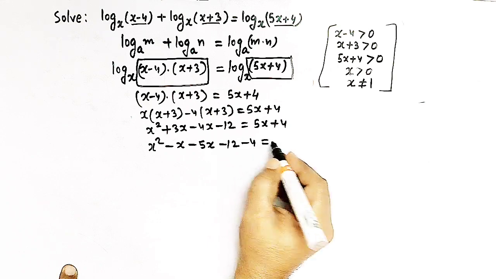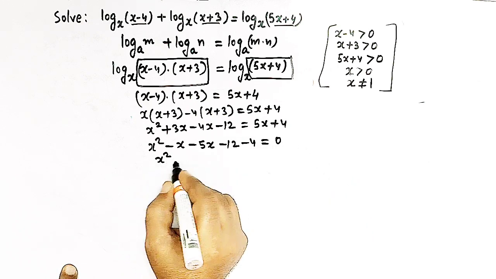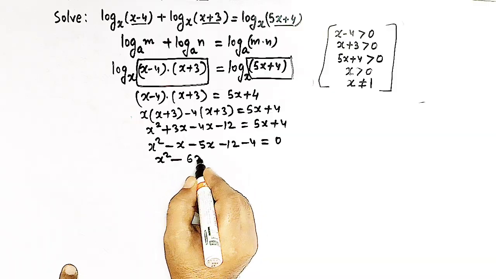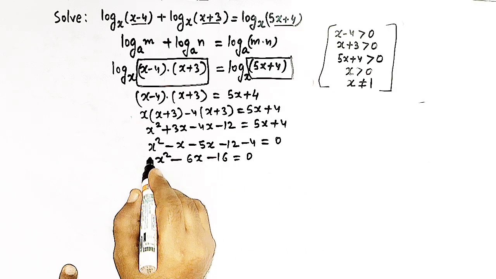So we have minus 4, and this is equal to 0. So we have x squared minus 6x, and here we have minus 16 is equal to 0.